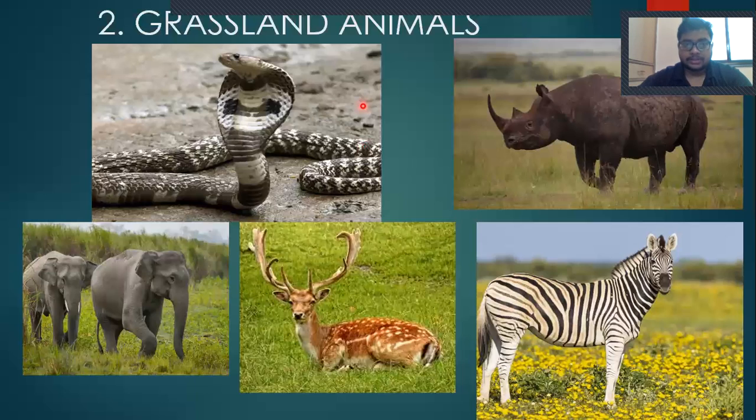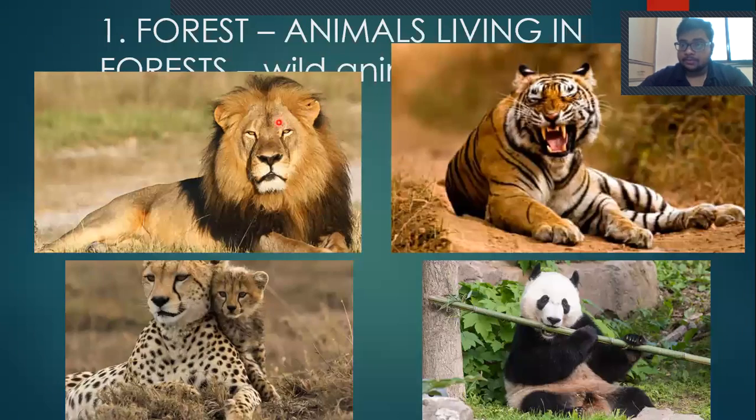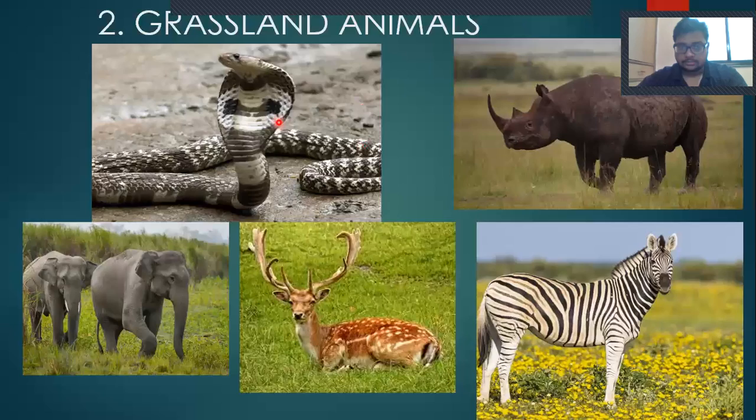Grassland animals include snakes and rhinoceros. Now, consider the example of snakes. Snakes can also be found in forest, isn't it? But most probably they are in grasslands. Prominent means there is a 99% chance that snakes are there in a grassland. Also in forest, but it might be 90%.